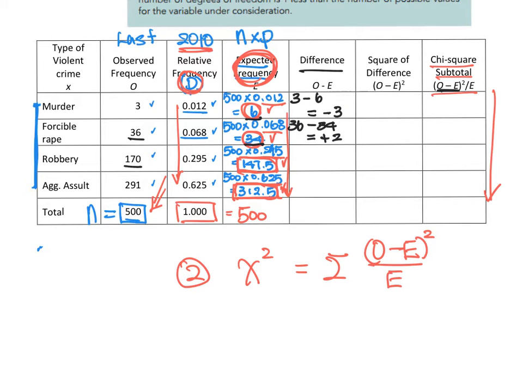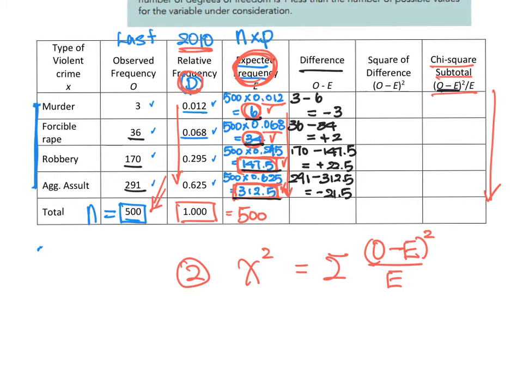The next one is 170 observed minus 147.5 expected, which is positive 22.5. And the next one is 291 minus the expected 312.5, which is negative 21.5.